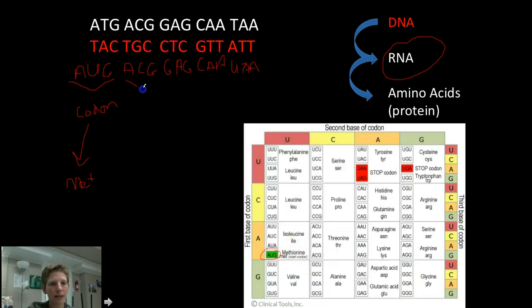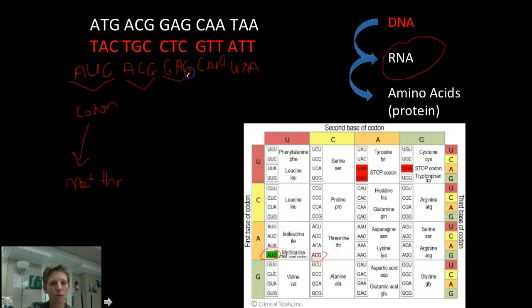Then we're going to look at our second codon, ACG. So we look for A, for C, and for G. It's down here. And so that corresponds to the amino acid threonine. So that's T, H, R. Oh, that looks like an N. T, H, R. So now we have a sequence of methionine and threonine.